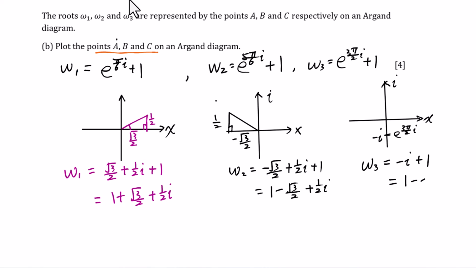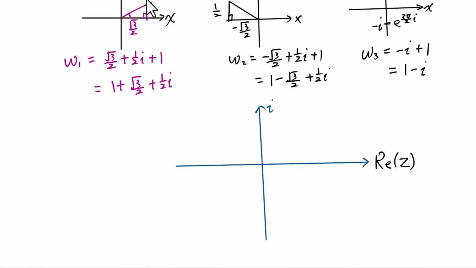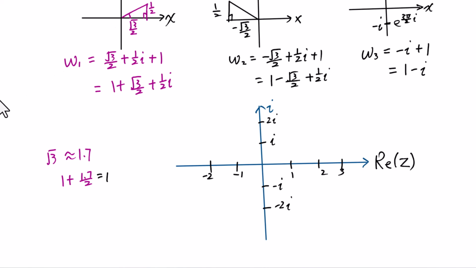Write down 1 - i. The real part of z is the x-axis. 1 + √3/2: we know √3 is about 1.7, so 1 + 1.7/2 equals 1.85. Estimate.